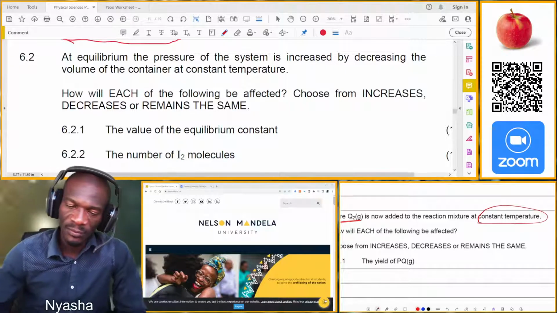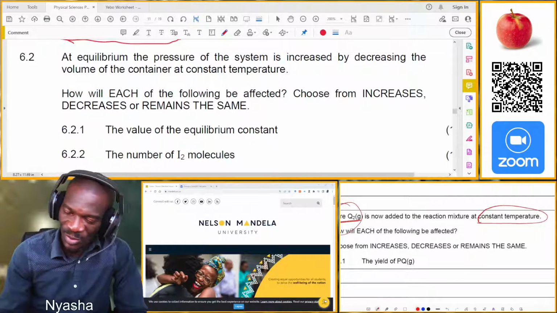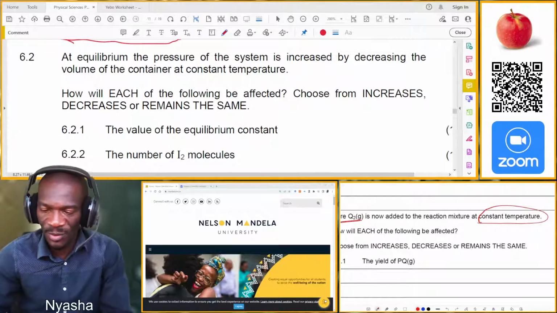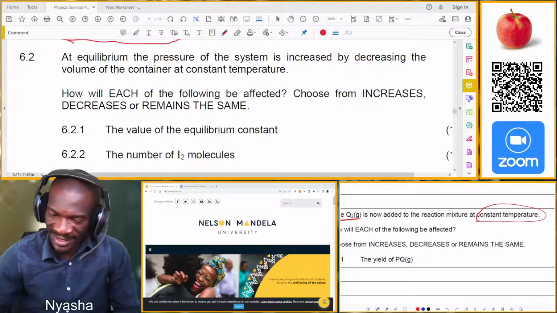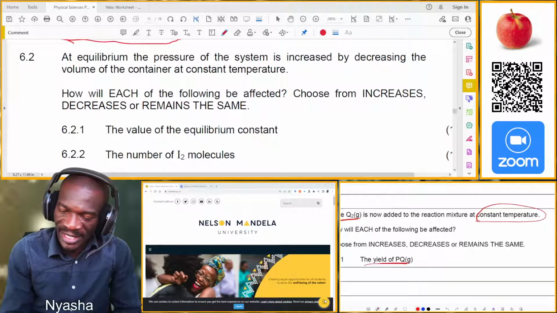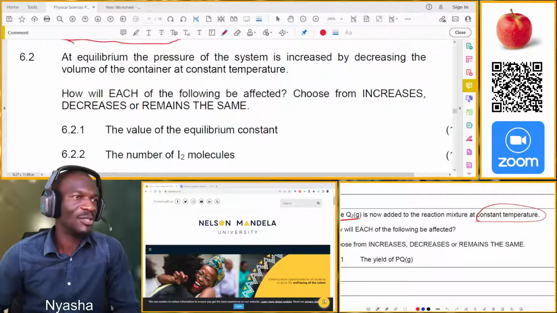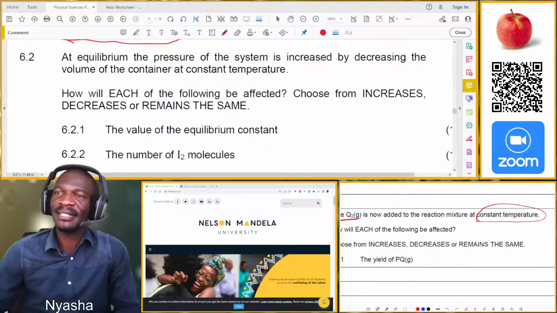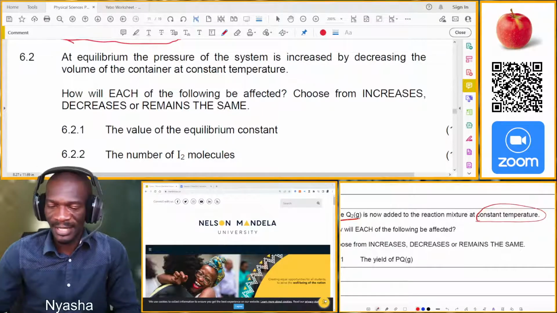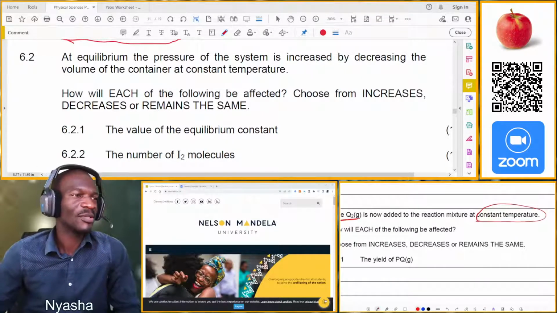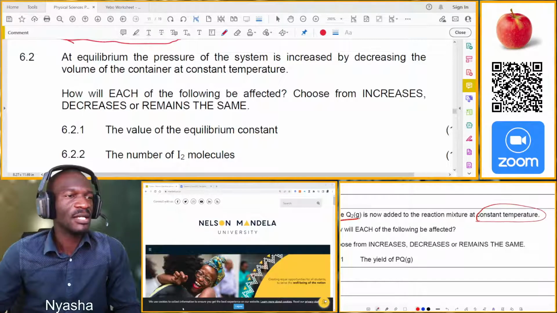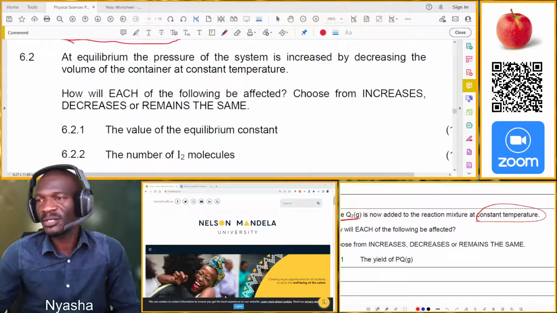Now, if we add more of the Q2 at constant temperature, what will happen to the yield or the output of PQ?